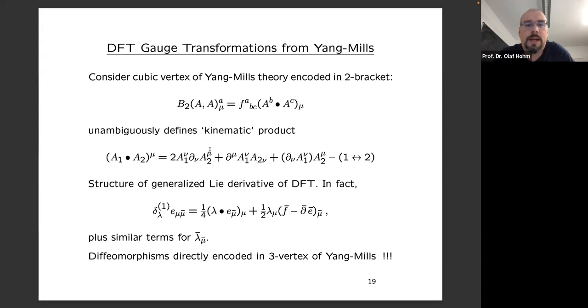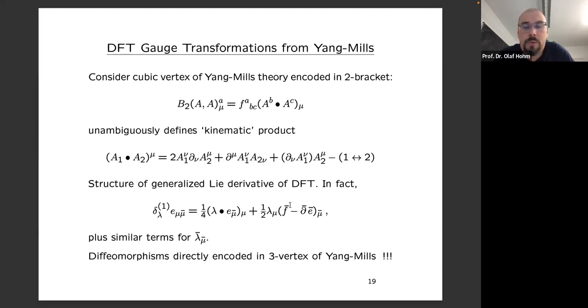It looks a little like the Lie bracket between two vector fields, but it's quite a bit different, because you see here a metric is used to construct indices. In fact, there is a metric, of course, in Yang-Mills theory. But this combination of terms, what we call here bullet, is exactly what defines the generalized Lie derivative of double field theory, in the sense of this field basis, where the first order part in fields of the gauge transformation looks like this.